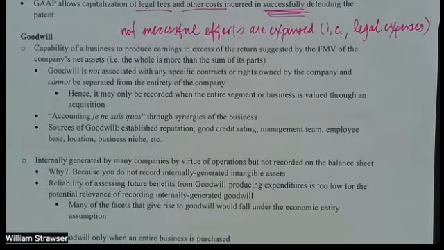It's just generally the capability that a business has to create earnings over the return that's suggested by the fair market value of the company's assets, of the company's net assets.